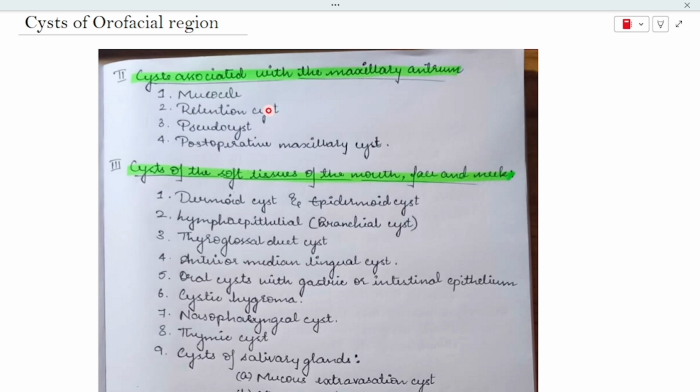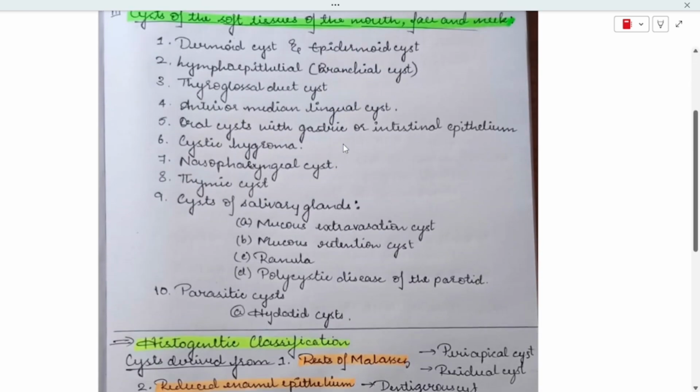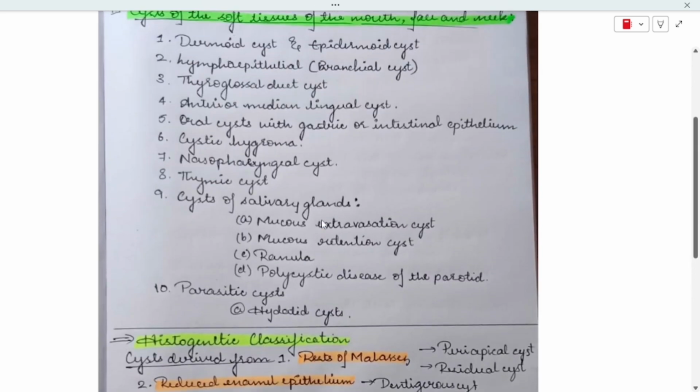These are some of them: retention cyst, mucosal pseudocyst, post-operative maxillary cyst. Under the soft tissues of the mouth, face and neck, you can see dermoid cyst, epidermoid cyst, thyroglossal duct cyst, cystic hygroma, nasopharyngeal, thymic. Again, cysts of salivary glands, parasitic cysts, and some other cysts you know.